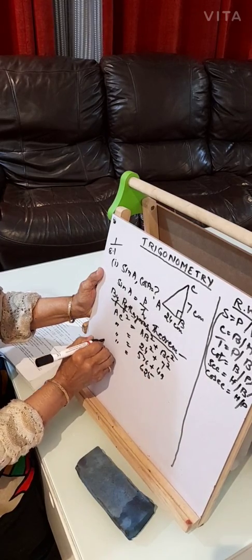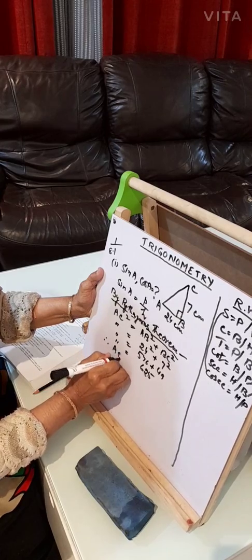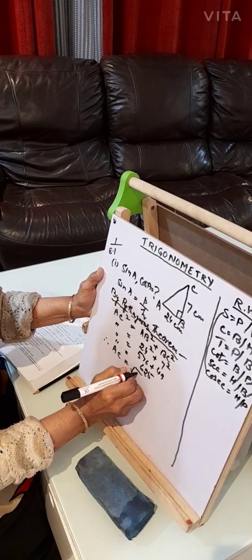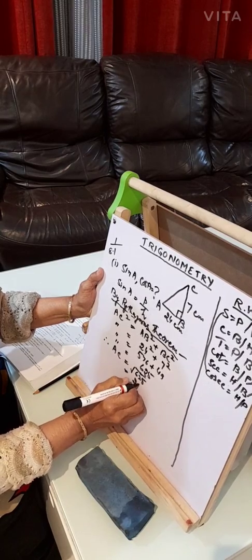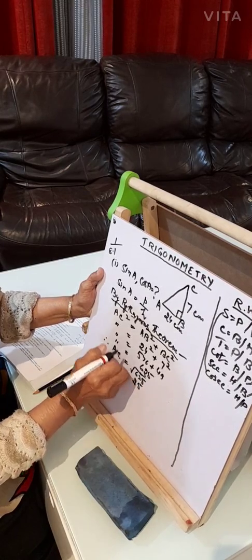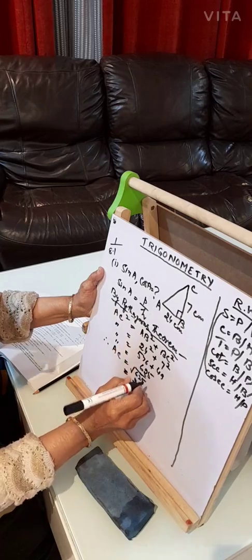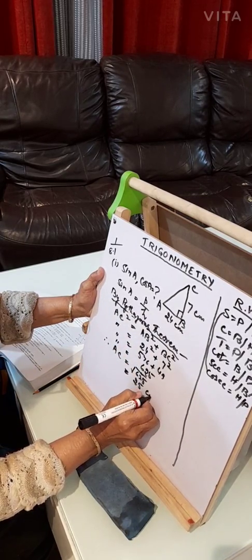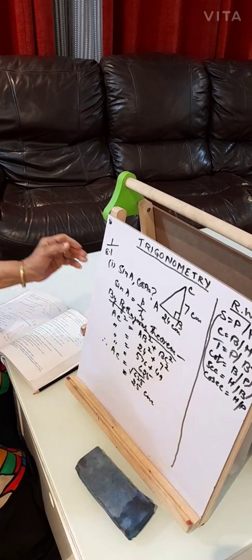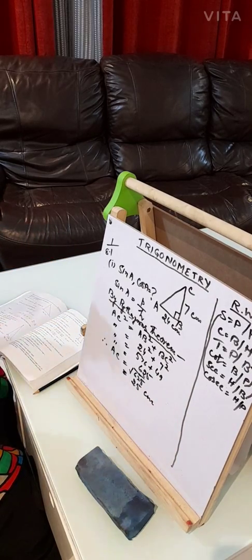This is AC square. Therefore AC is equal to square root of 625, and that will be equal to 25. Which units are given? Centimeters. So along with the 25 we have to write the unit centimeter. So AC is equal to 25 centimeter.